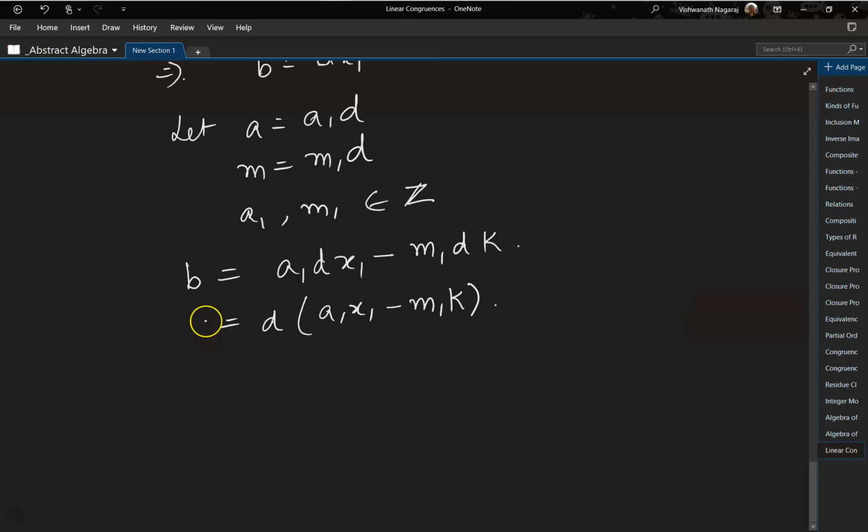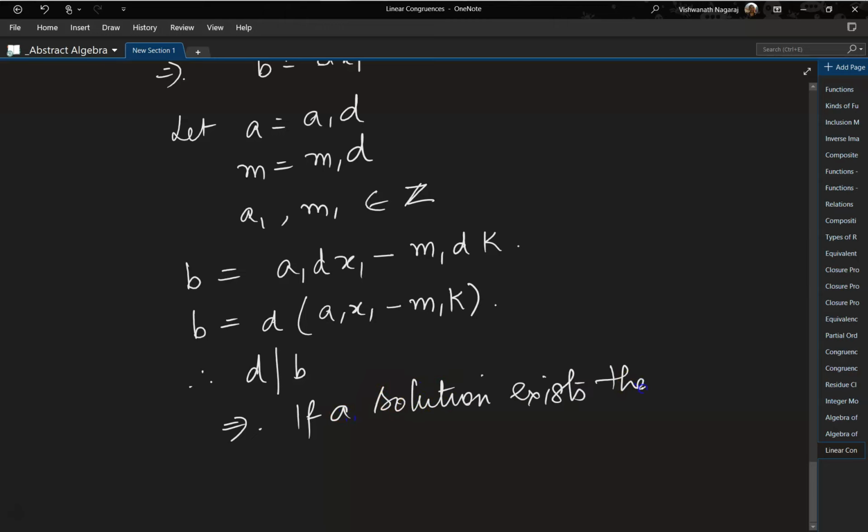So here you notice that B is equal to a multiple of D. So therefore D divides B.